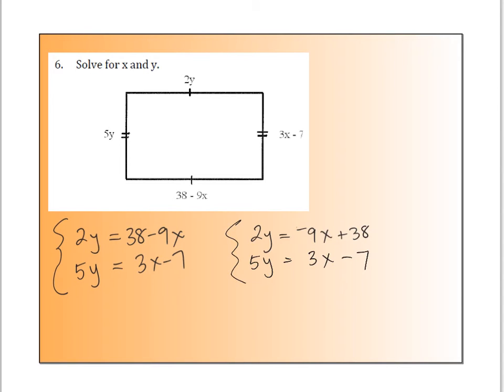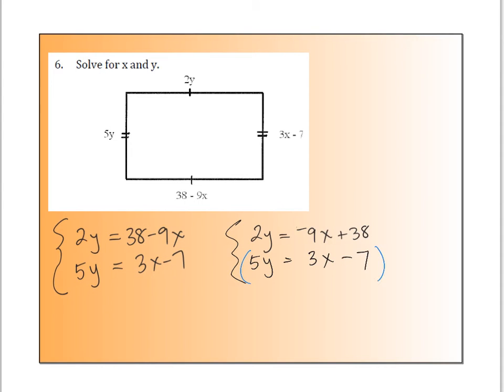Now we still have our same system of equations, but you can see the y's are lined up with each other, the x's are lined up with each other, and the constants are lined up with each other. Next, we're going to multiply either one row or two rows by a number. We're trying to eliminate one of the variables.